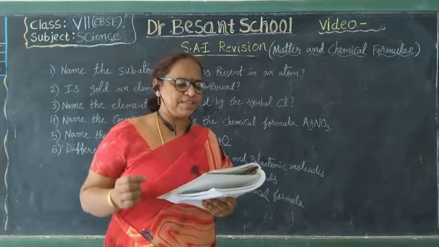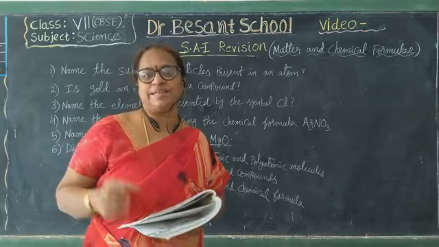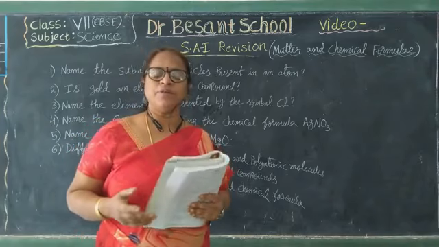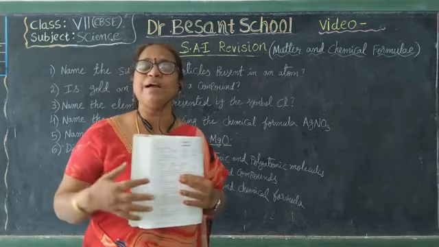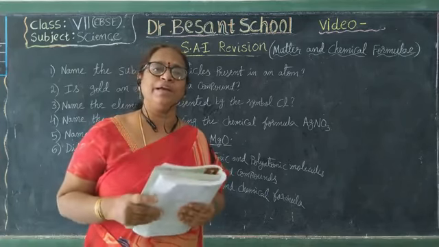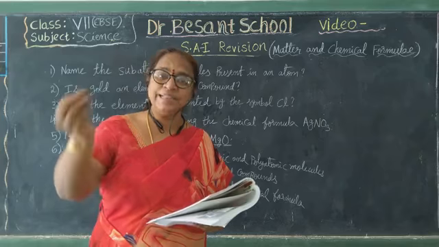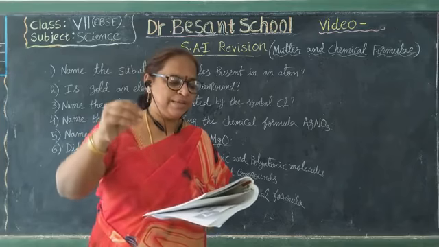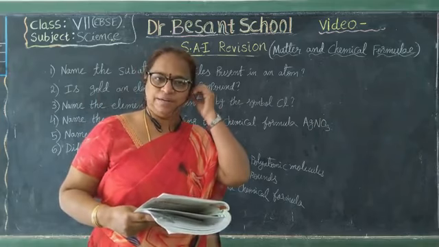A chemical equation is a symbolic representation of a chemical reaction. Just now we have learnt in the compound that the constituents will combine chemically. Combining chemically is called a chemical reaction, and representing that reaction by using symbols is called a chemical equation.